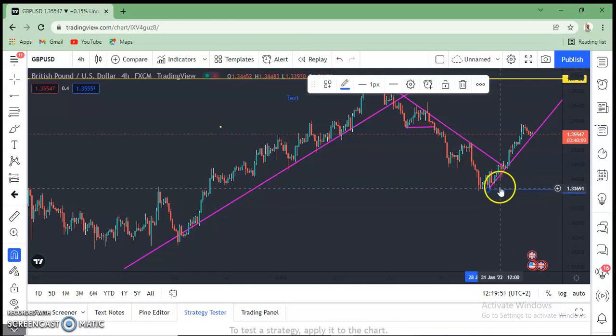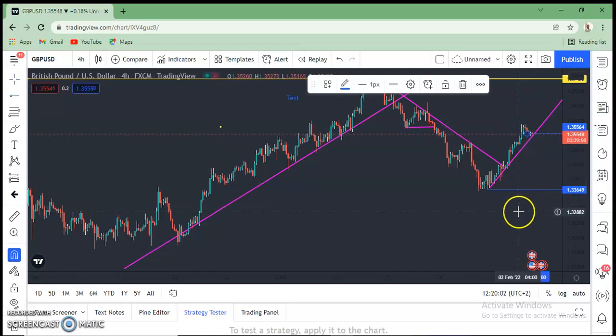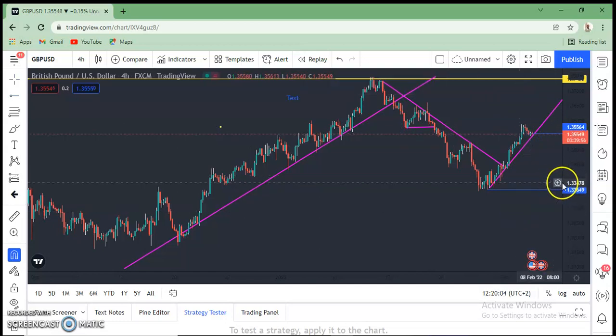So from here to this point here, where the market is currently, we subtract this from this, because here you can see this is higher and this is lower.